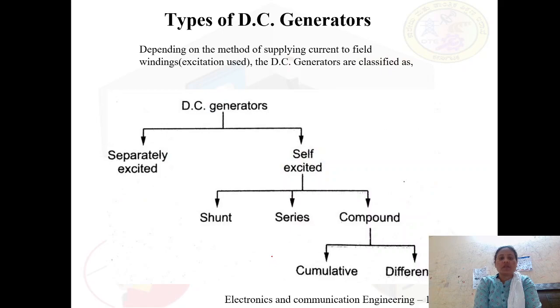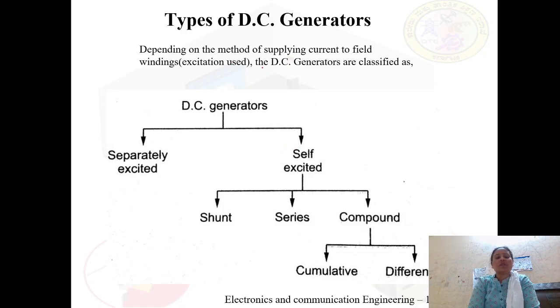Okay. Next, we will move with the types of generator. Depending on the method of giving the current or passing the current to the field winding, we classify the DC generators into separately excited and self-excited DC generators.